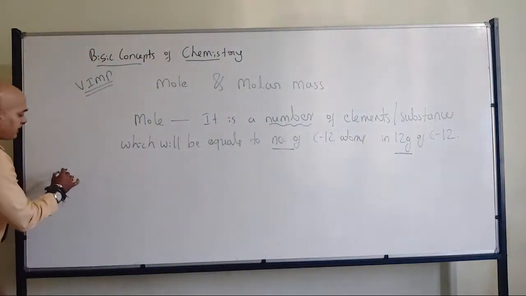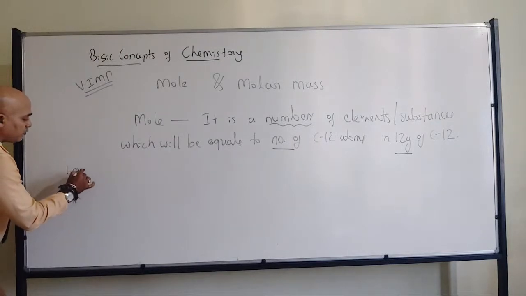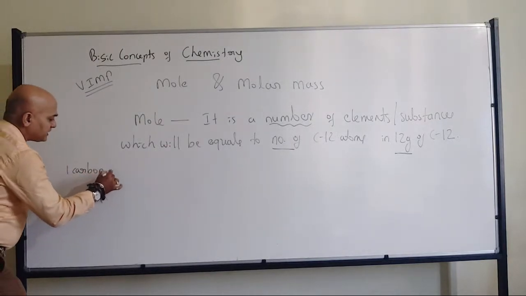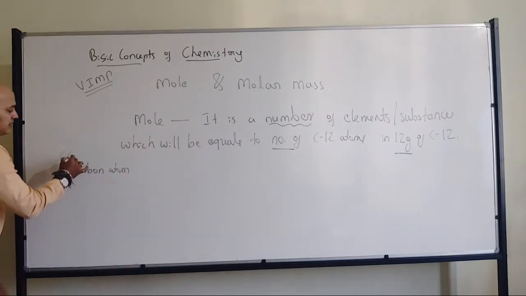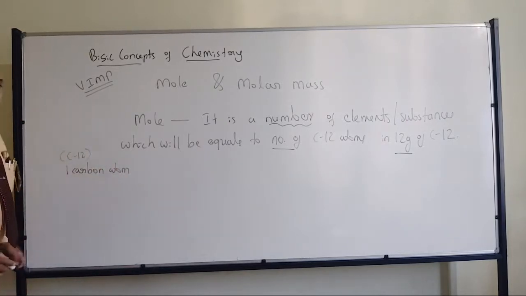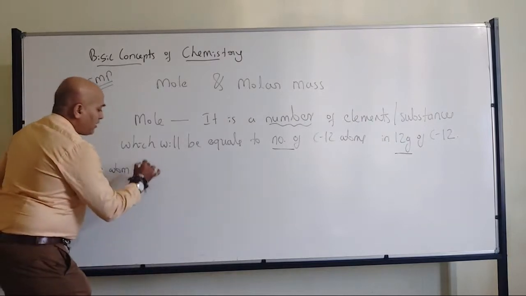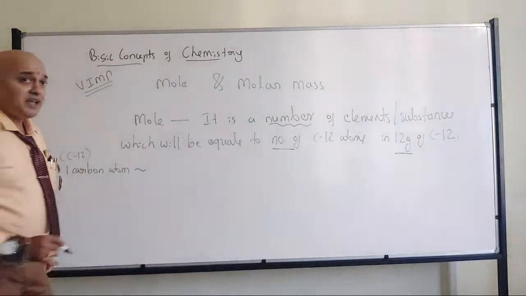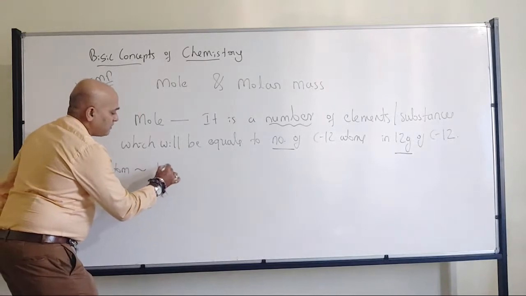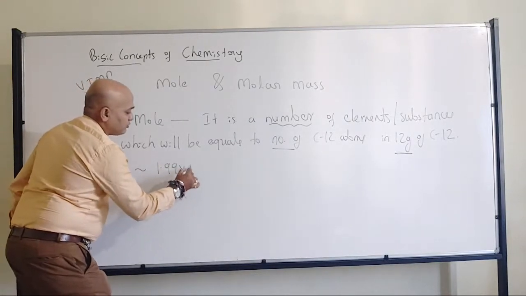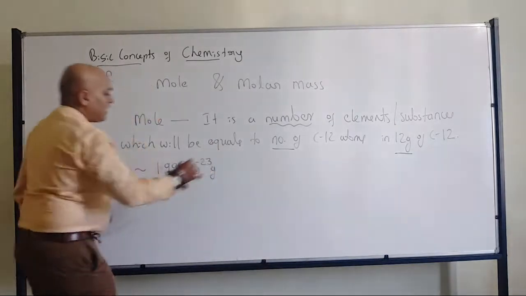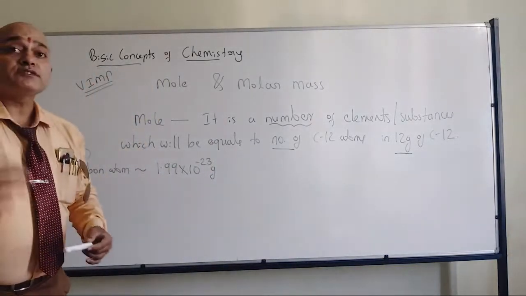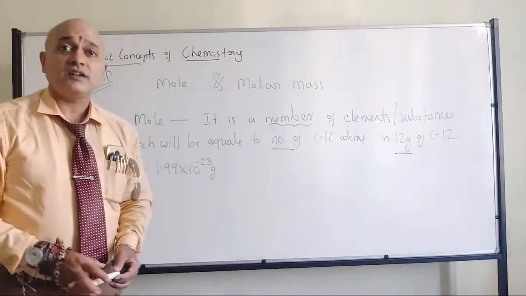See, for example, 1 carbon atom, that is carbon 12 isotope, will weigh approximately 1.99 into 10 to the power of minus 23 gram. It is 12 times more than that of the hydrogen, that's all.